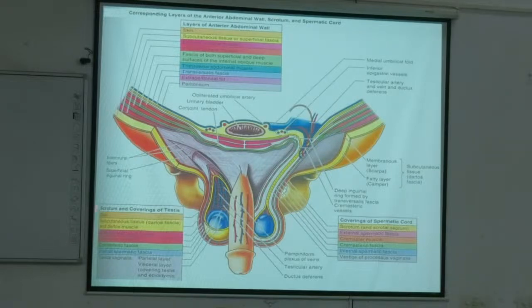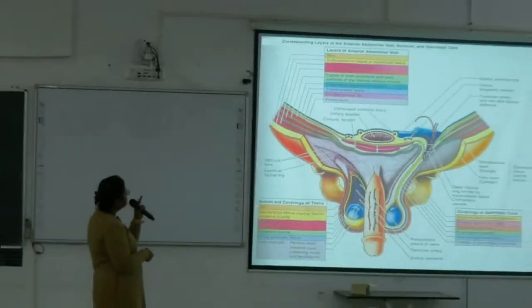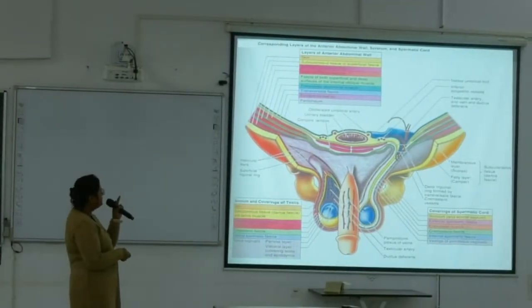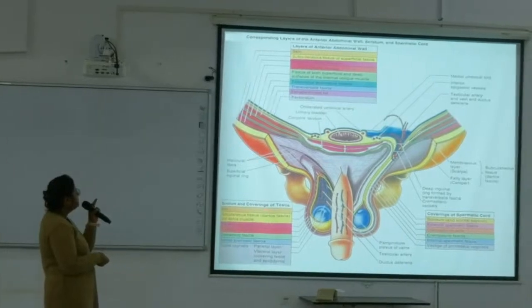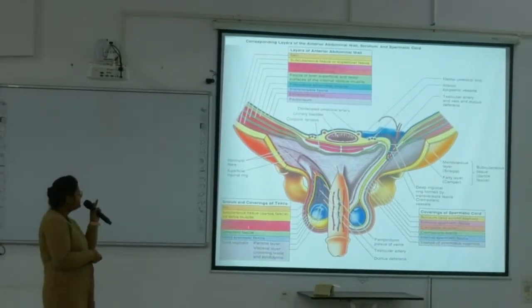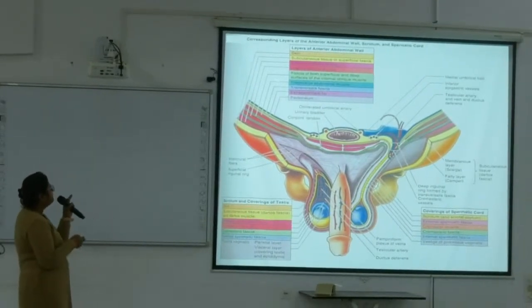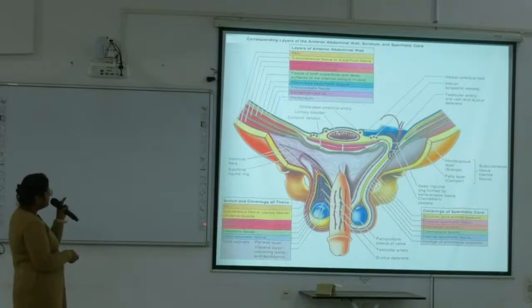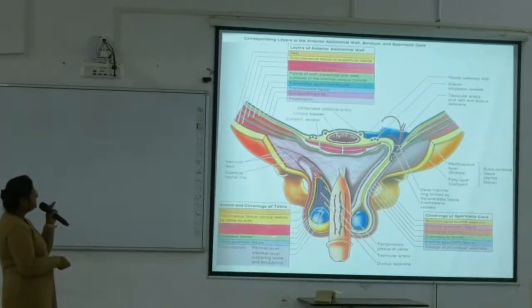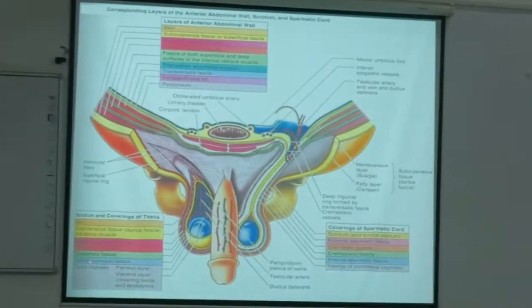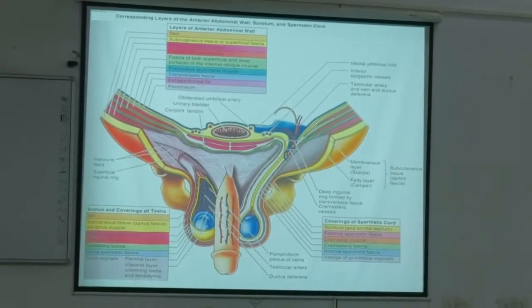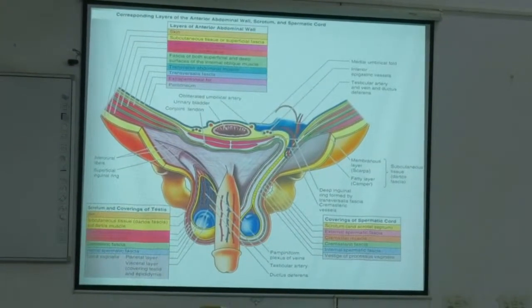So for the scrotum, these coverings are skin, subcutaneous tissue, that is known as dartos fascia, and one muscle layer is present here, dartos muscle. Then external oblique is forming the external spermatic fascia. Internal oblique is forming the cremasteric muscle and fascia, and transversus abdominis is forming the internal spermatic fascia.